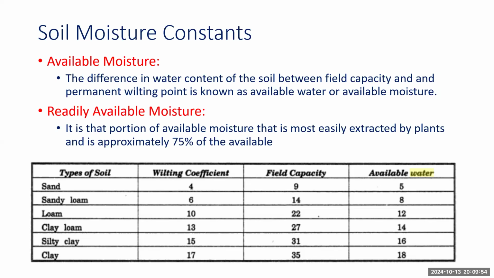If we consider 80% of available moisture, then the readily available moisture value will be 4 in this case. That is the meaning of readily available moisture: this amount of moisture crops can extract easily. There is not much tension over the roots of the crops if the moisture content is equal to the readily available moisture.